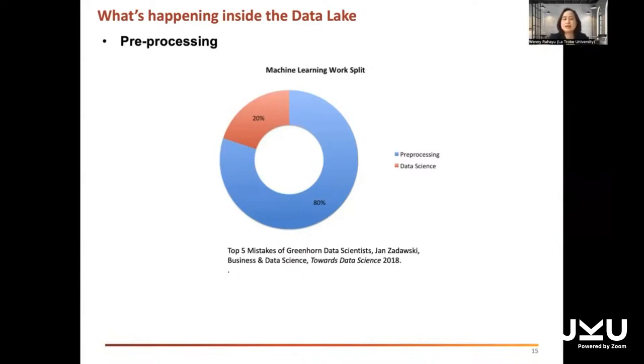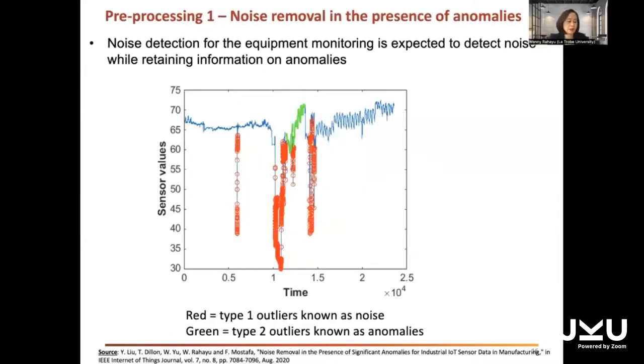But in reality, when we deal with real data sets that come from devices or sensors, 80% of our time will be dedicated to cleaning and pre-processing because the data quality is very low, and therefore it is unlikely that we can have a quality outcome from our analytics or AI processing.